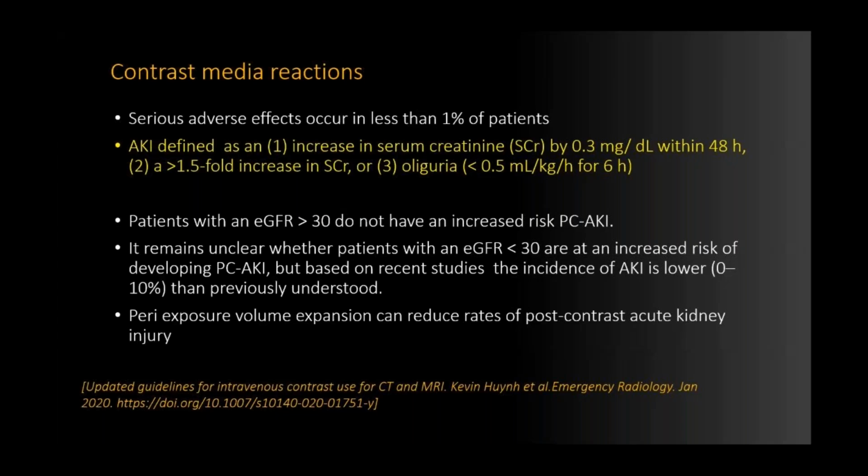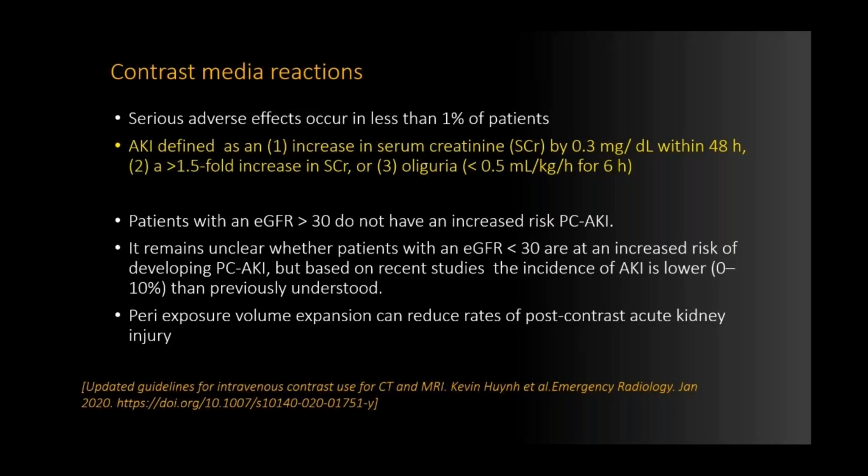So just to define what the current guidelines say, AKI, or acute kidney injury, is defined as an increase in serum creatinine by 0.3 mg/dL within 48 hours, or a more than 1.5-fold increase in serum creatinine, or oliguria less than 0.5 ml per kg per hour for 6 hours.